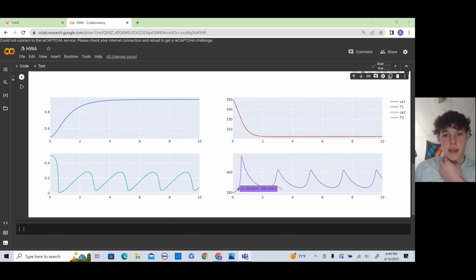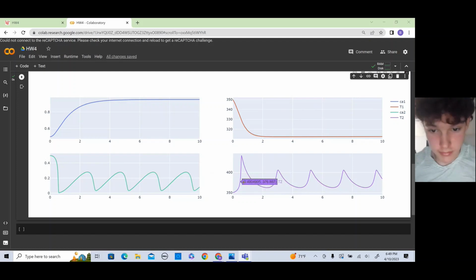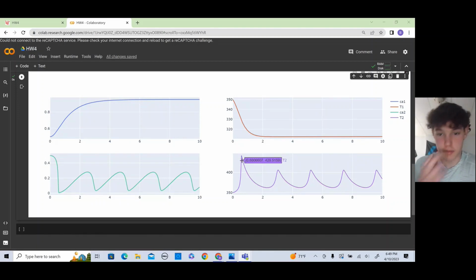So when the reaction starts, the temperature shoots up, and because the temperature is related to the rate of the reaction, as the temperature goes up, the rate of the reaction will also go up, meaning the concentration will begin to fall as it reacts faster and faster.